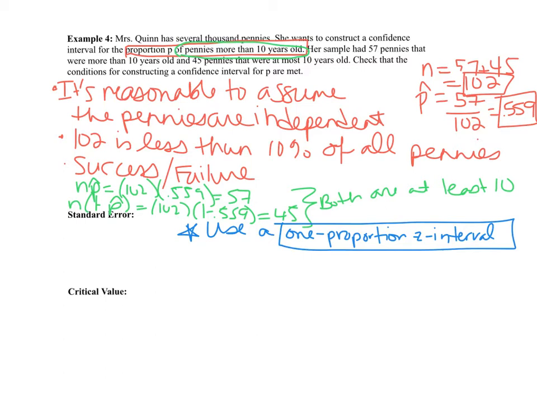Okay, next thing we're going to do is I'm going to give you the formula for standard error and discuss a few things about what's called a critical value. So the standard error might remind you of the standard deviation. The standard error is actually just going to be the standard deviation from a sample.